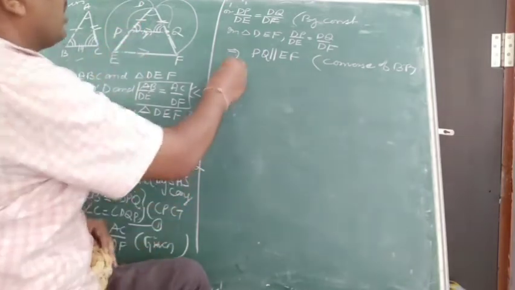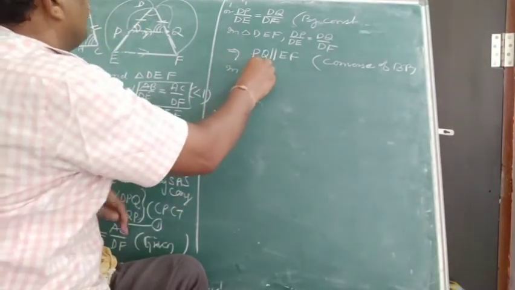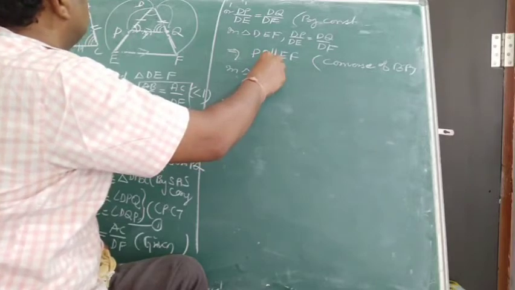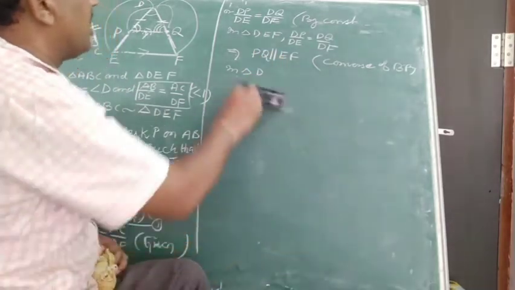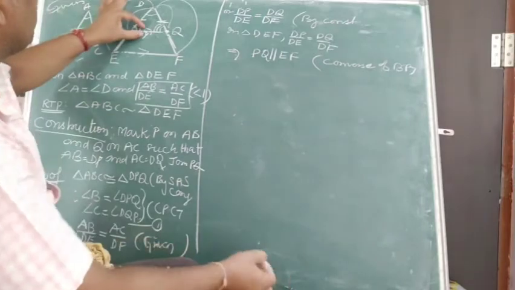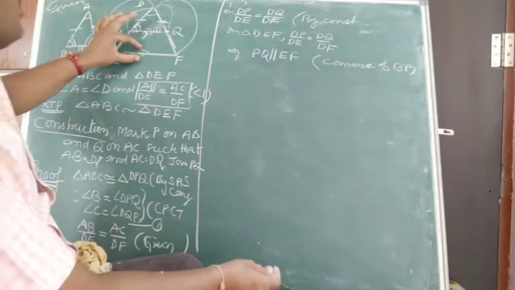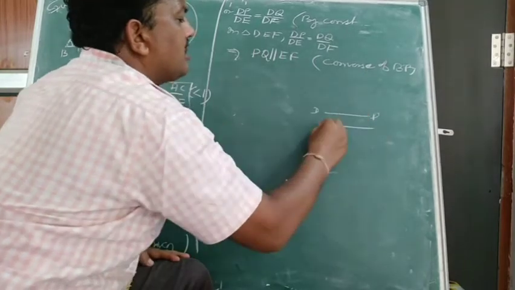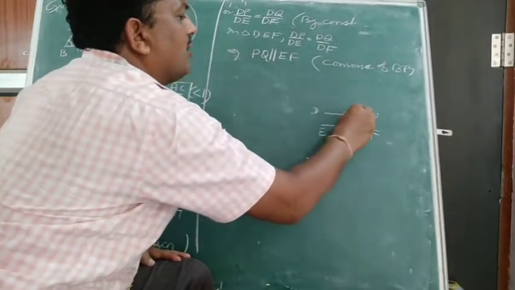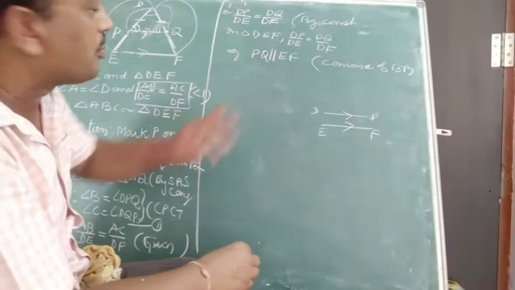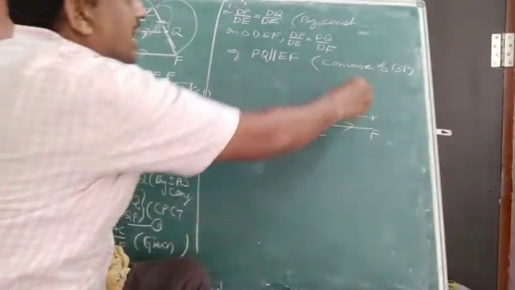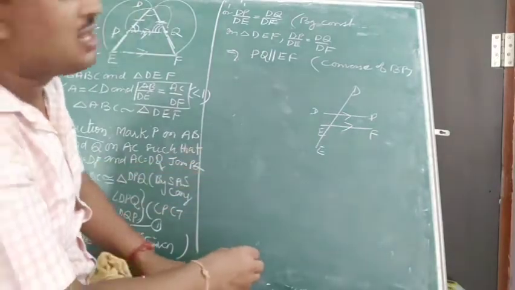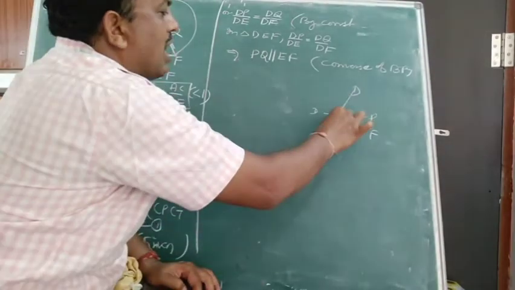Okay, now we are able to prove these two are equal. See, children, here DP and EF are lines, and DP and EF are parallel. We have just proved it. And DE is a line, a transversal, and it is showing that these two angles are equal.